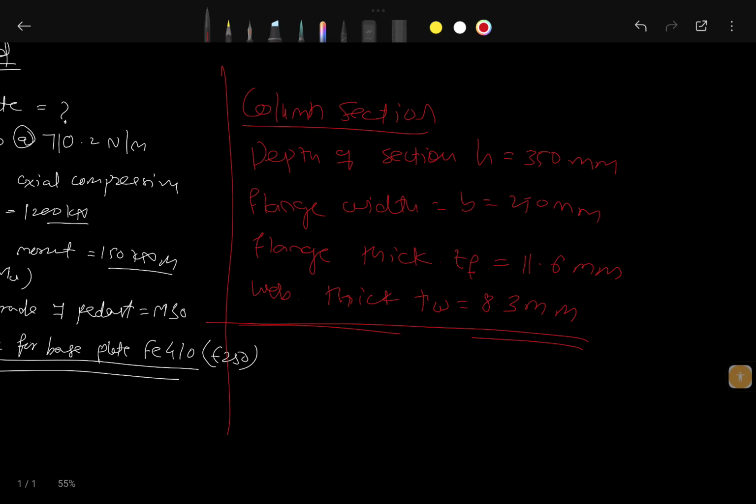So generally we have considered this type of column section for our column design example.